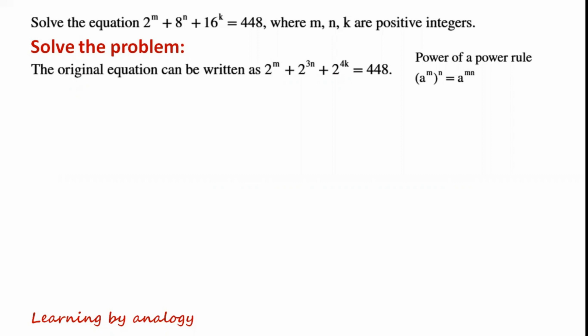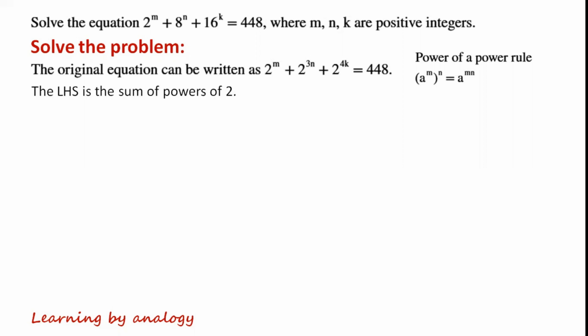By the power of a power rule, a to the power of m, all to the power of n equals a to the power of mn. The original equation can be written as 2 to the power of n plus 2 to the power of 3n plus 2 to the power of 4k equals 448.